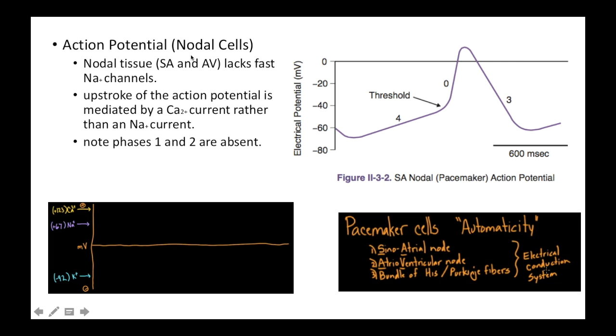And again, when I'm talking about nodal cells, what we're including here are again the SA node, the AV node, and somewhat of the Purkinje fibers have some, again, automaticity action. But we primarily focus on our SA and AV nodes here.